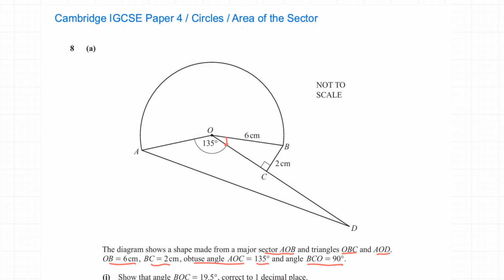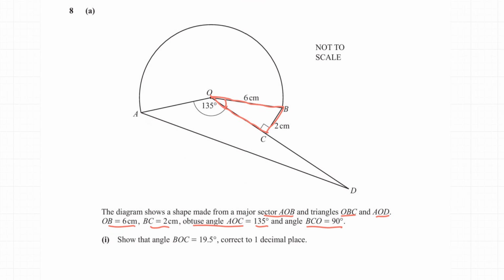To start with, the angle BOC. To find angle BOC, let's apply trigonometry to this triangle. In triangle OBC, if this was theta, tan theta, oh sorry, not tan, that would be sine, isn't it?